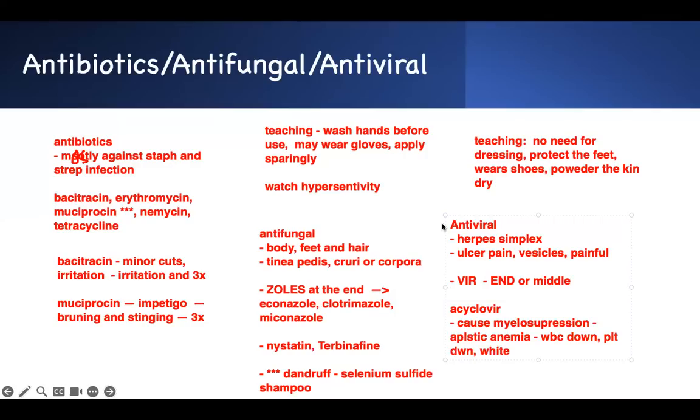So anybody on antiviral, pay attention for myelosuppression. Because it goes to the bone marrow and suppresses the bone marrow from functioning. And so your red cells will go down, platelets go down, and then your white cells will also go down. So they have pancytopenia. We call it aplastic anemia.